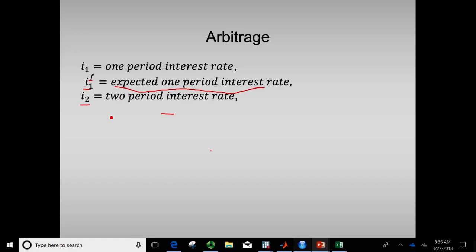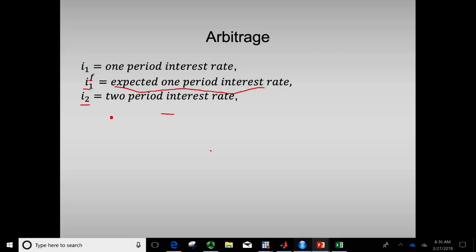So I basically have two strategies if I want to invest over 2 periods. I can either invest in a series of 1 period bonds, earning 1 plus I₁ in the first period, and then taking all of that and rolling it over and investing it for what I expect to be an interest rate of I₁ superscript F in the second period.